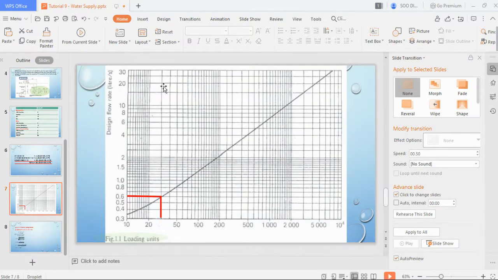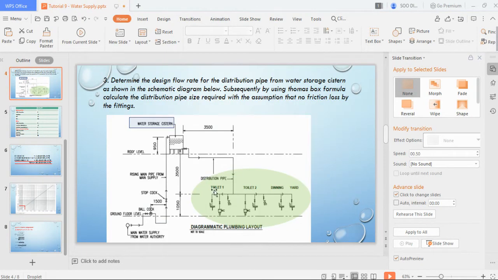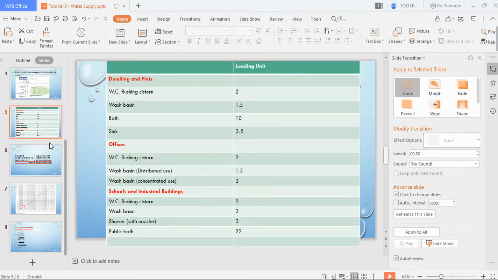So you will have to use this chart, which is the loading unit chart, and from 30, you draw a line up and to the left, and you get your required design flow rate, which is 0.6 liter per second. Okay, shower head is the same as bath.